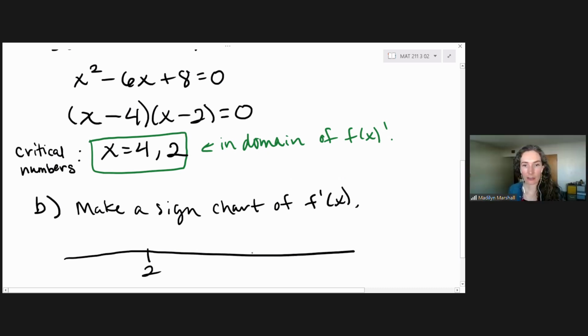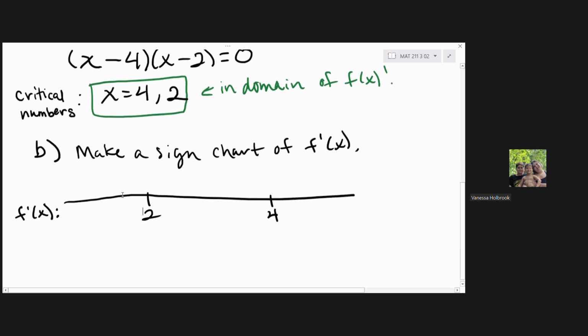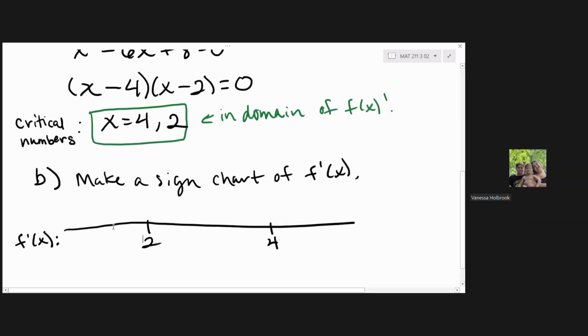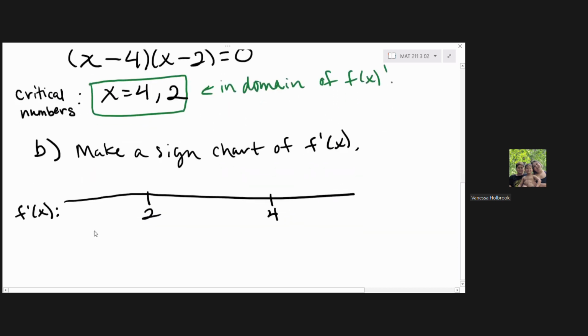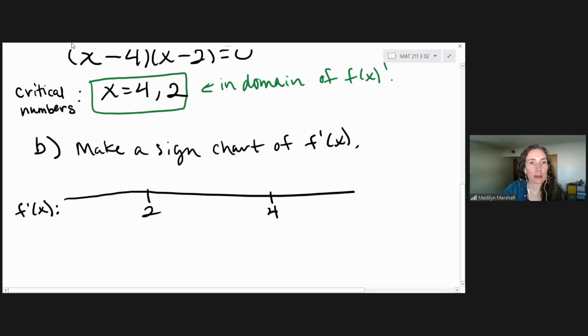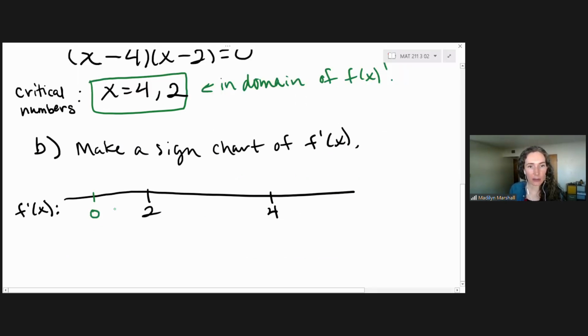So 2 and 4 are our partition numbers or critical numbers. Last time we saw we can just choose whatever numbers we want and plug them into our derivative and simplify and find if they're positive or negative. 0, 3, and 5. That sounds good to me. So on this section we have 0, here we have 3, here we have 5.